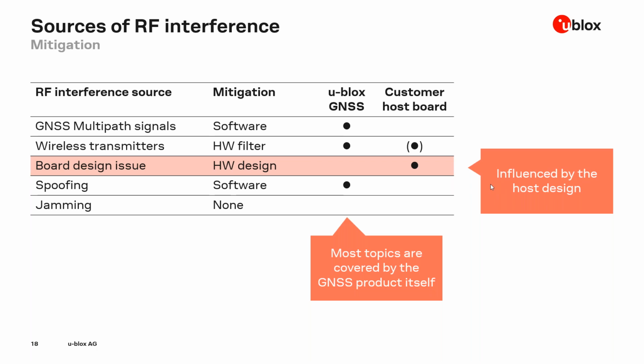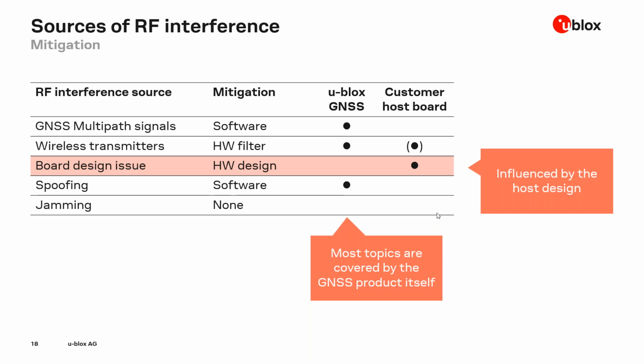What can you do? So here again, we may narrow this down in a further seminar. Here it just gives an overview, and the intention is that you get an understanding of what the GNSS receiver can do and where you can also do something. So if we go through the different sources of RF interference, there are certain types of mitigation.